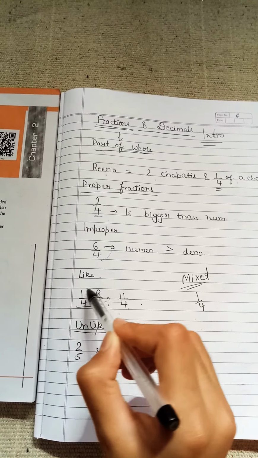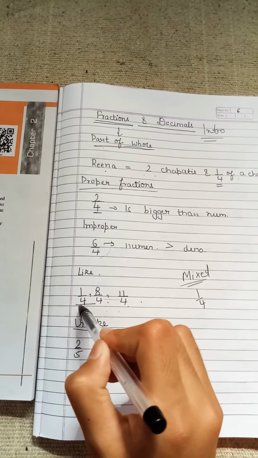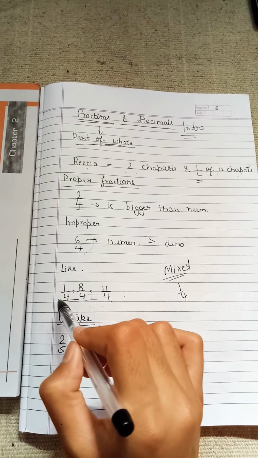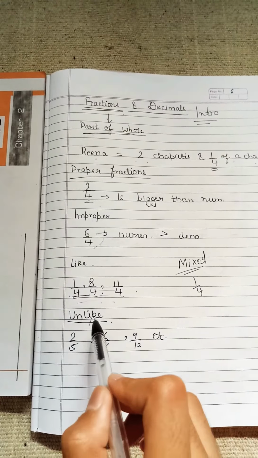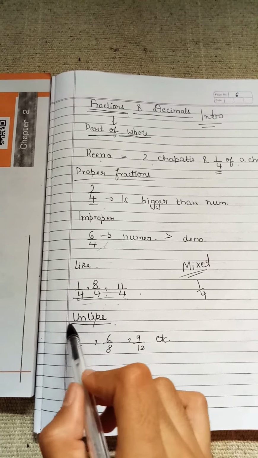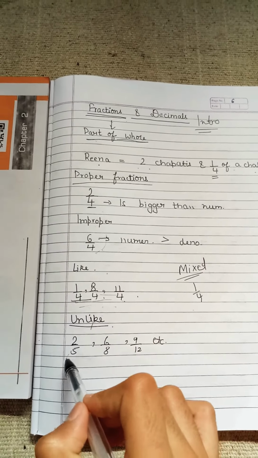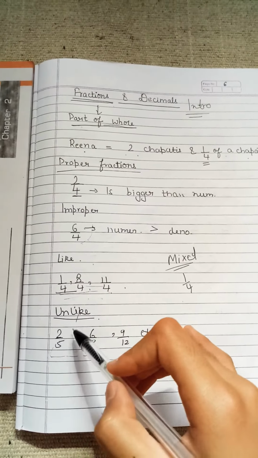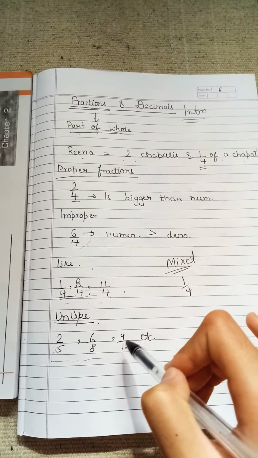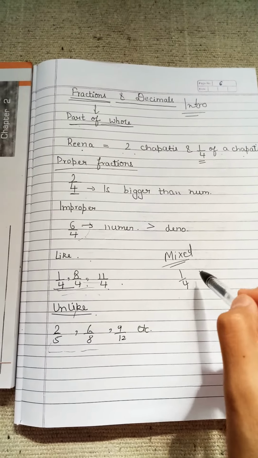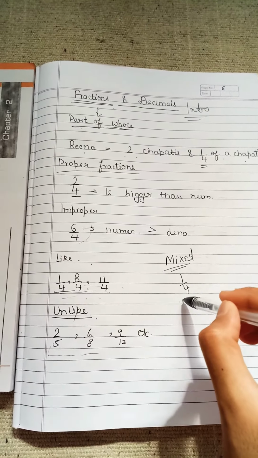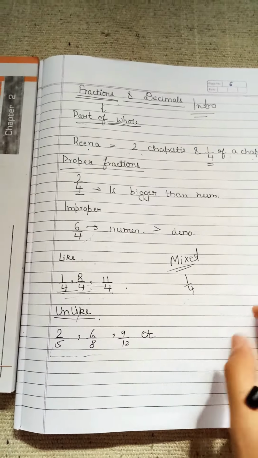Like fractions are the fractions in which we have the same denominator, not numerator, the same denominator. And unlike fractions are the opposite of like fractions, in which we have different denominators, like 2/5, 6/8, 9/12, etc. Mixed fractions are the combination of a fraction and a whole number.